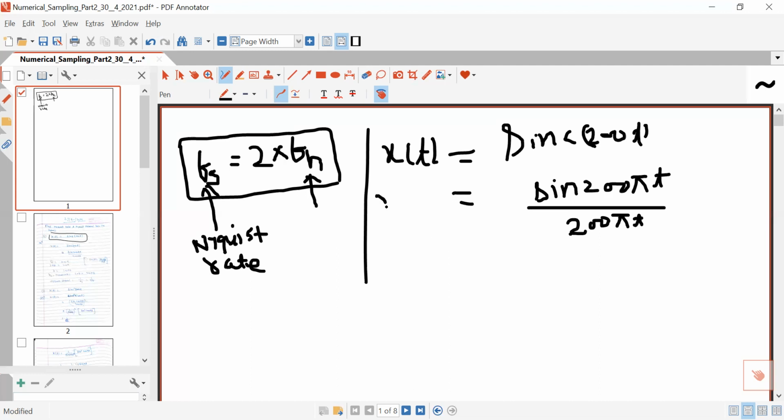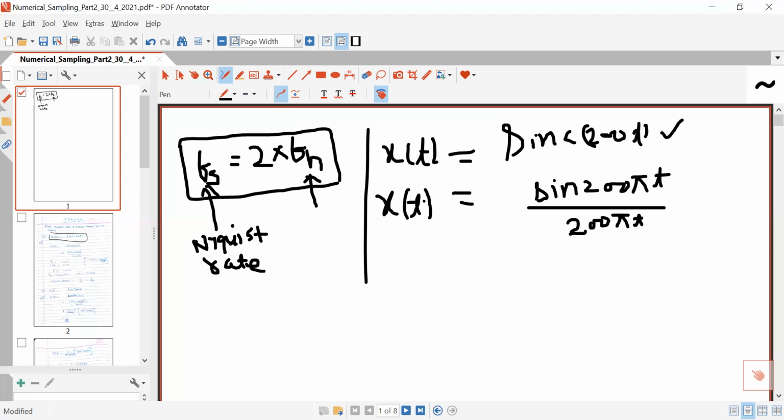And now you have to determine the minimum sampling frequency for this signal, so that you can reconstruct the original signal from its sampled signal. What will be the minimum value of sampling frequency, or the Nyquist rate, for this signal?